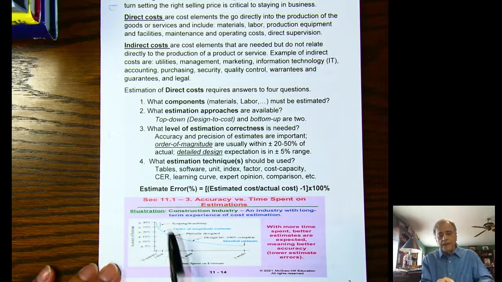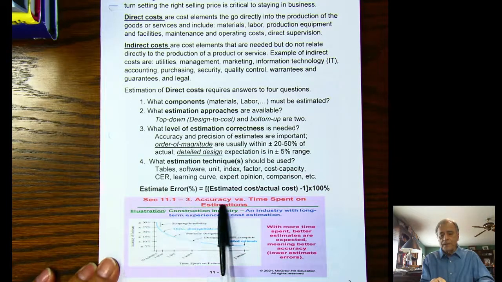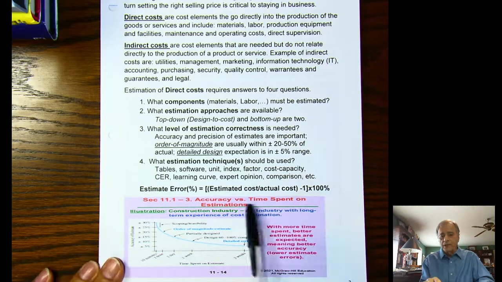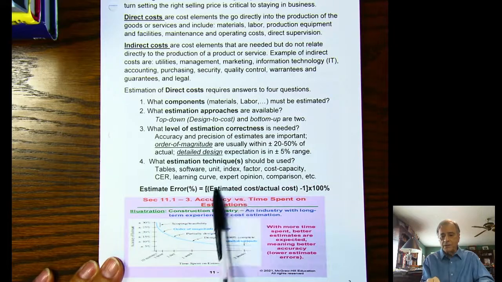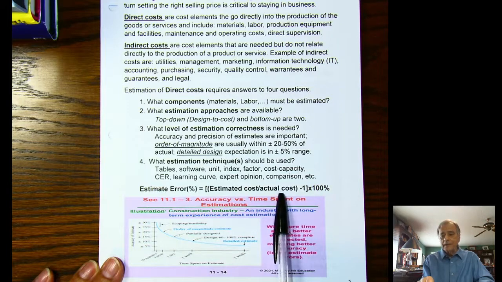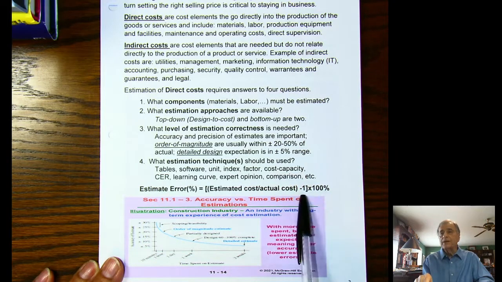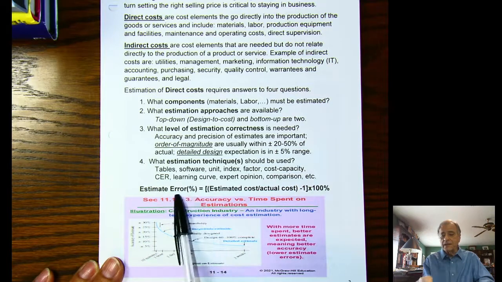Now, the estimating error is the estimated cost divided by the actual cost, minus 1, times 100%. If you underestimate the cost, this ratio is going to be less than 1, and when you subtract 1, you're going to have a negative estimating error.